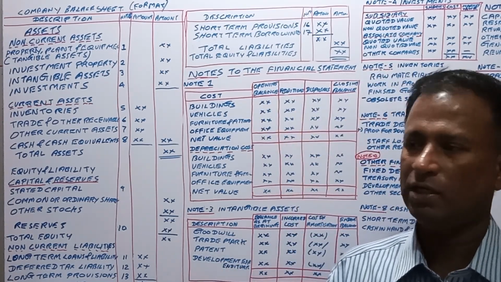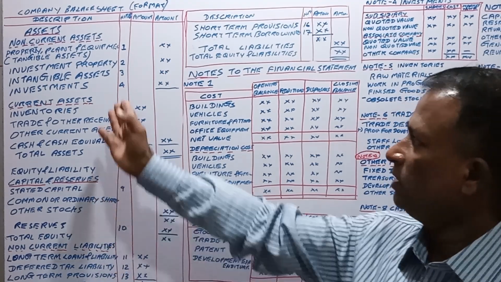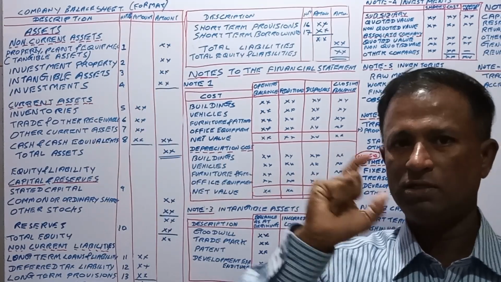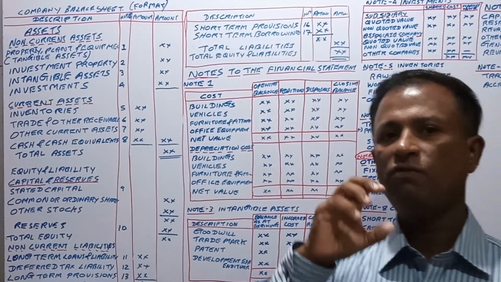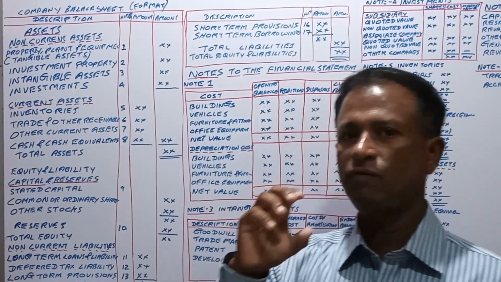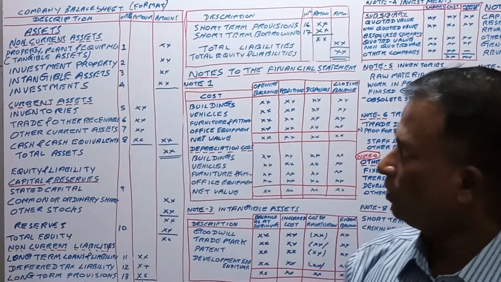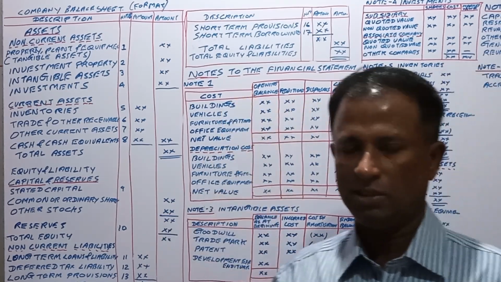So we will get the note property, plant and equipment. That is one note. So one total figure will only appear under the non-current assets in the balance sheet.